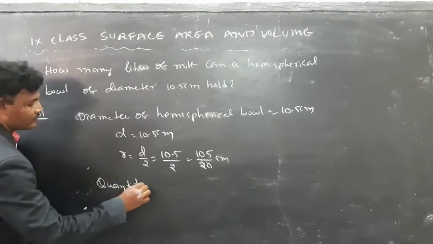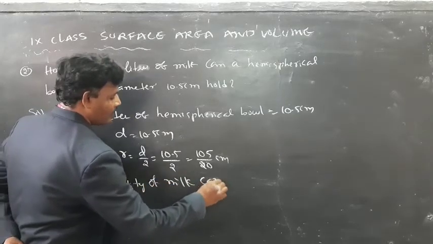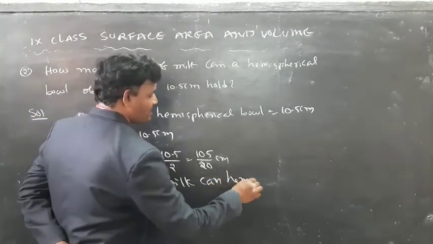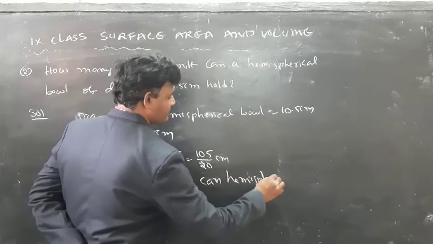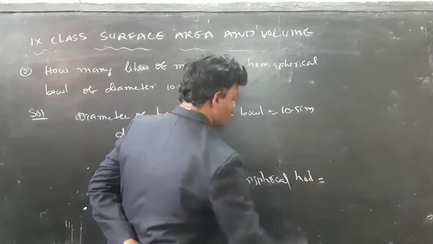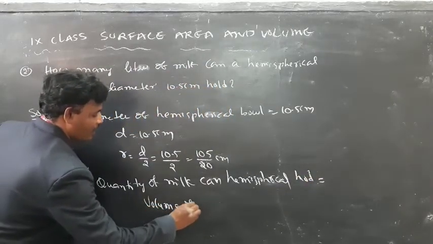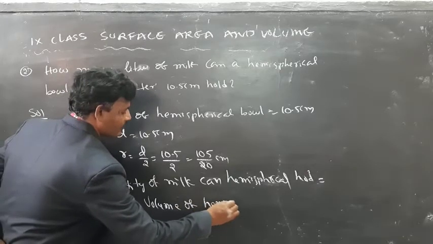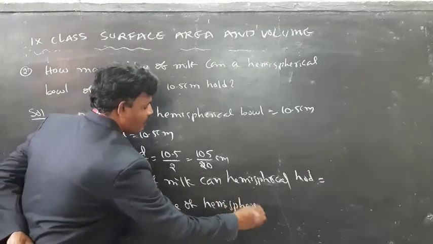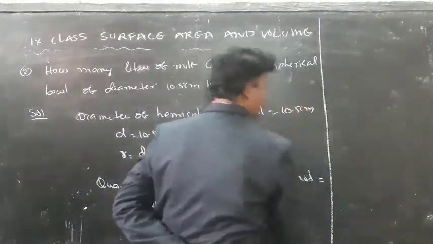Quantity of milk a hemispherical bowl can hold is equal to volume of hemisphere.